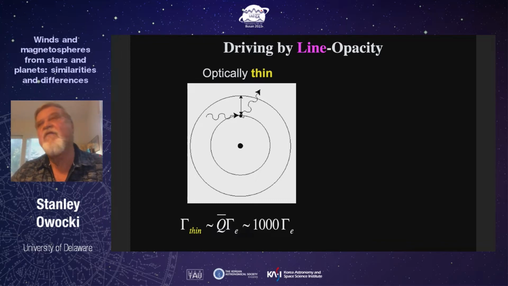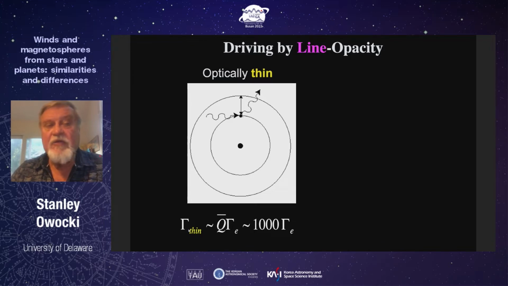And even if you average over the fact that only a few electrons are in bound atoms, the quality of these resonances is so high that, averaged over all of the different transitions, you can have a radiation force that can be 1,000 times the electron scattering force, which means you don't have to be near the Eddington limit. You just have to be within 1,000th of the Eddington limit to actually drive an outflow.